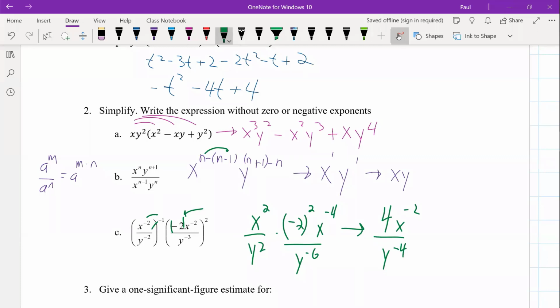It's plus 2 minus 6. 2 minus 6 is minus 4. And then we take this guy upstairs and this guy downstairs, and that gives me 4 y to the 4 over x squared. Right, good.